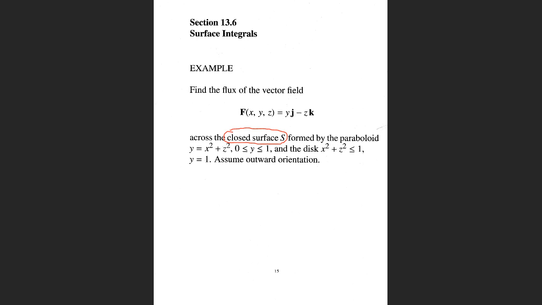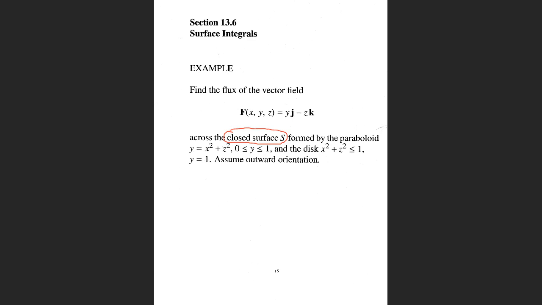Now, again, whenever I do a flux problem, since the flux problem is a surface integral problem, I like to use the parameterization approach towards finding the flux. So that means I'm going to find the parameterization of the paraboloid and compute the flux through that surface.